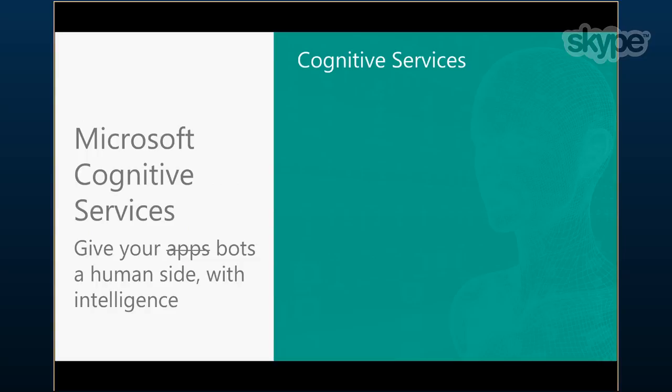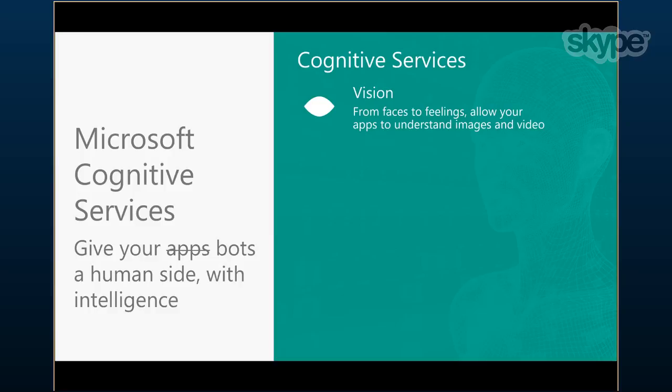Let's talk briefly about cognitive services, and then once we've done that, we'll spend a few minutes taking a look at actually building a bot from scratch. So cognitive services breaks down into a number of different areas. Vision, for example. Vision isn't necessarily video, but can also include still images.